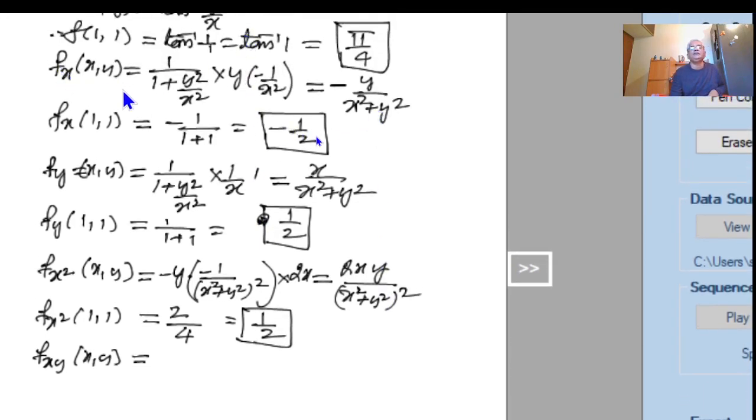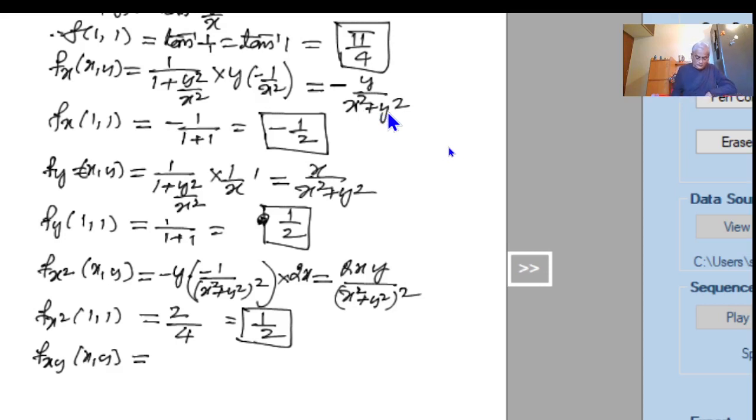To find fxy, this is my fx. I have to differentiate partially with respect to y. While differentiating partially with respect to y, the numerator minus y is a function of y, and the denominator x square plus y square is also a function of y. Both numerator and denominator are functions of y, therefore we have to go to the quotient rule. The numerator is minus y, the denominator is x square plus y square.